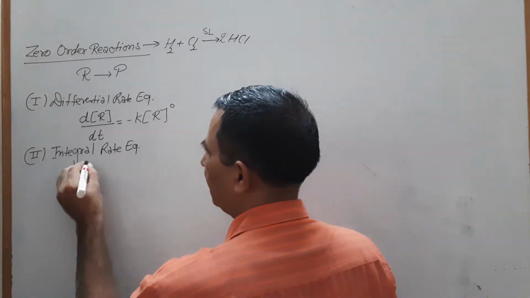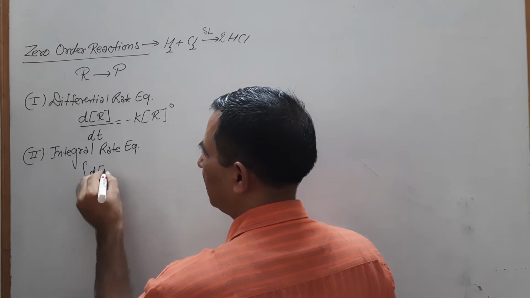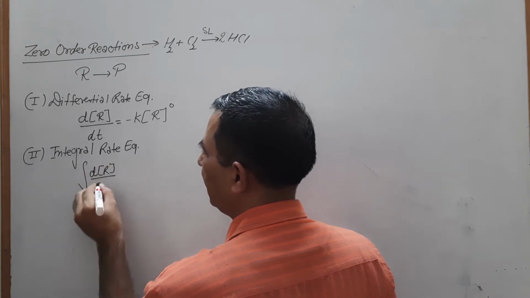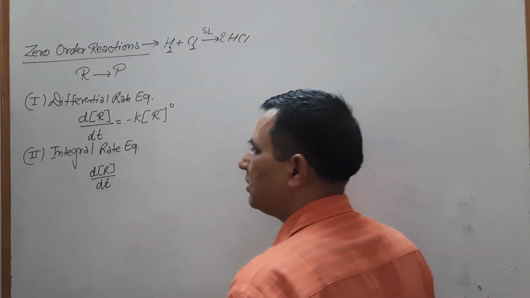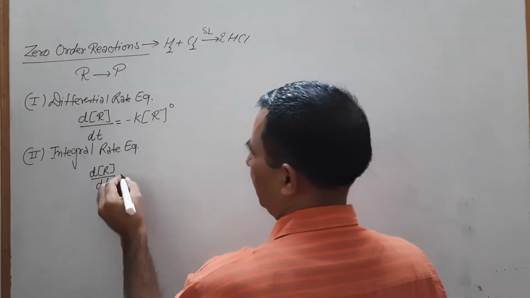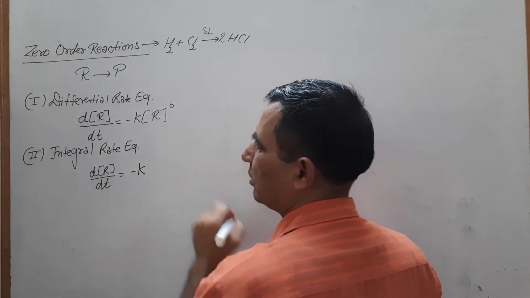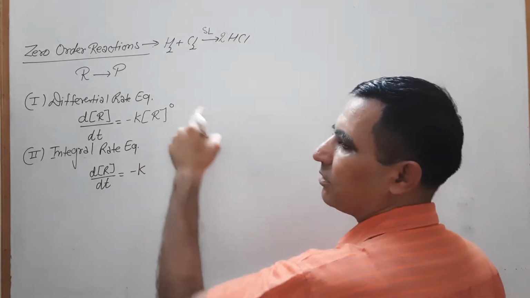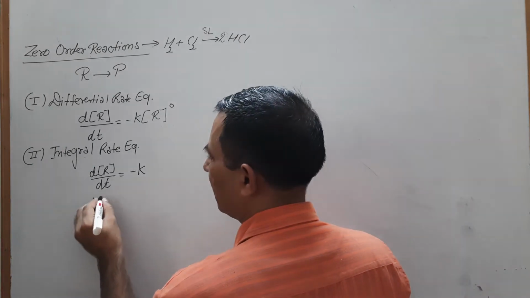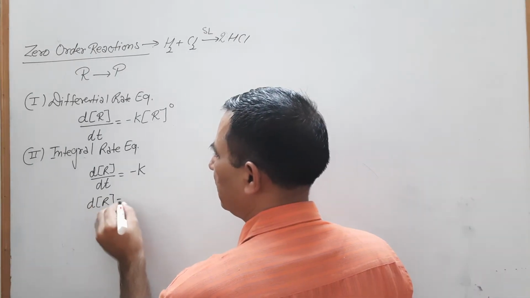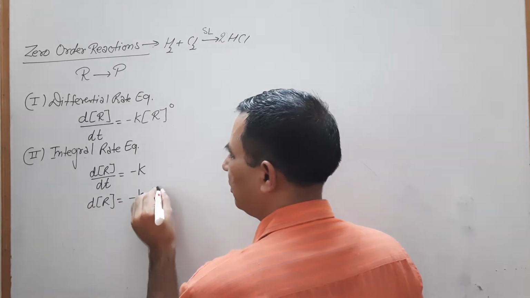Before the integration we arrange this equation in a particular manner: R to the power 0, that value is 1. So dR equals minus k into dt.